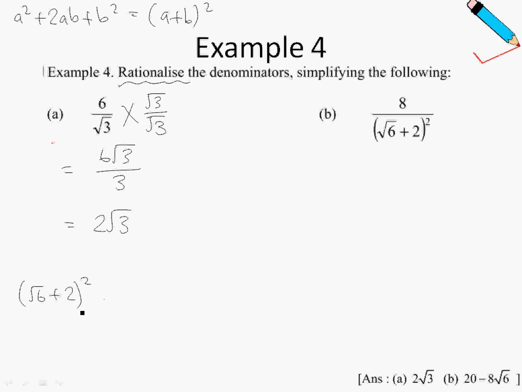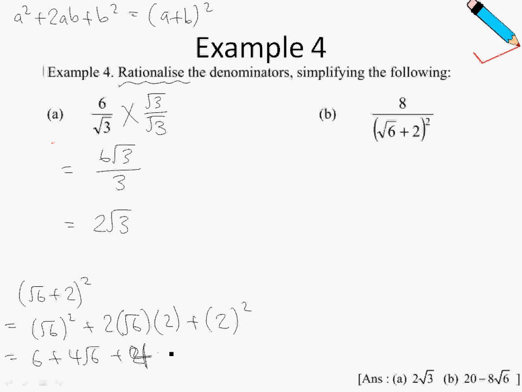So what I'm going to do, I will expand this out. So this is in the form a square plus 2ab plus b squared. Okay, and if I want to simplify this, this is just 6, this is just 4 root 6, and the last term is just 4. Okay, if I simplify this, I'll get 10 plus 4 root 6.